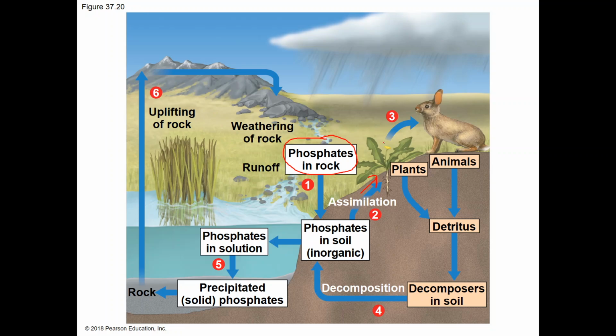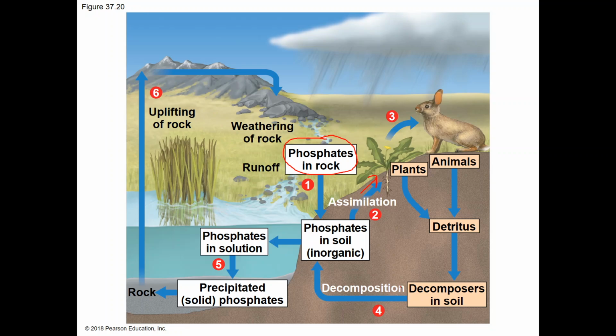So the consumers, the primary consumers, obtain phosphorus in an organic form by eating the plants. The phosphates are returned to the soil in the same way as carbon, by decomposers that are decomposing any dead plant and animal material. So decomposers deposit phosphates back into the soil.